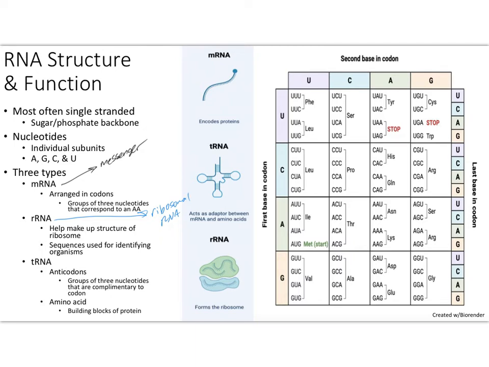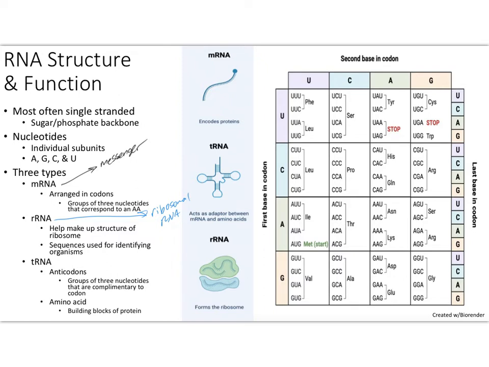So that is a very interesting and unique thing about ribosomal RNA, that it is so very specific. It is like a very, very specific identification marker for different organisms that we have been able to use to help classify organisms, to help group them, to help look at evolutionary relationships.